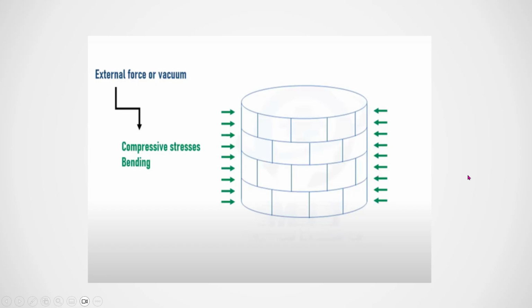Now, external forces will come due to wind, and due to vacuum, and some internal compression will be there. All these forces, the wind force or vacuum, will increase the compressive stress acting on the compressive strength of the shell material.